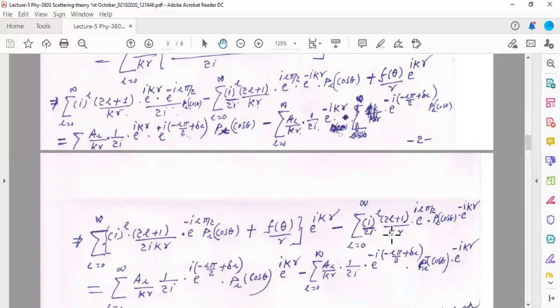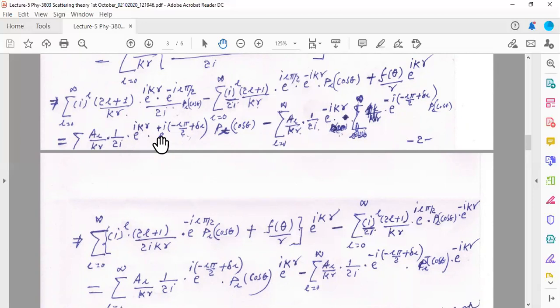So in all, what we have developed in this equation is this: on the left hand side, I took the term consisting of e to the power of ikr, and I took the term consisting of e to the power of minus ikr. So I have separated the e to the power of ikr term and the e to the power of minus ikr term.